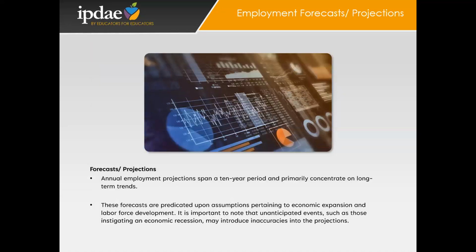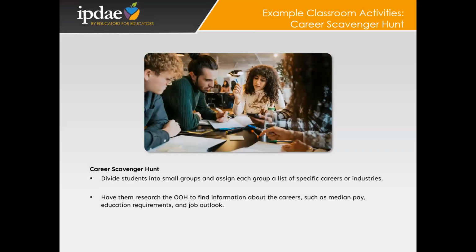The first is the career scavenger hunt. This is an interactive group activity designed to encourage collaborative learning and in-depth research in different careers. To conduct a career scavenger hunt, divide students into small groups and assign each group a list of specific careers or industries to research.